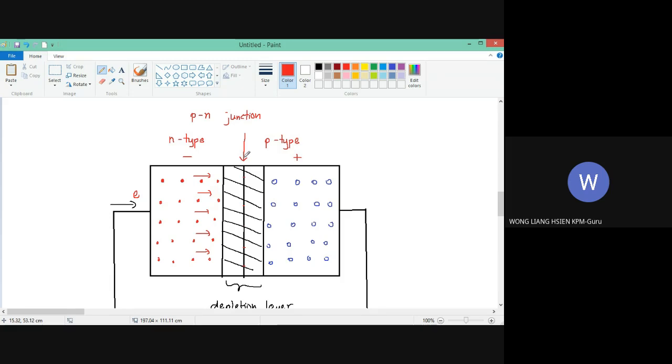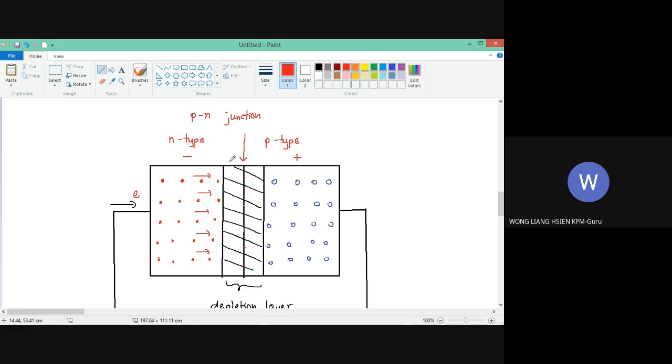All right. However, you see this junction voltage. Let's say, for example, this junction voltage is 1 volt.